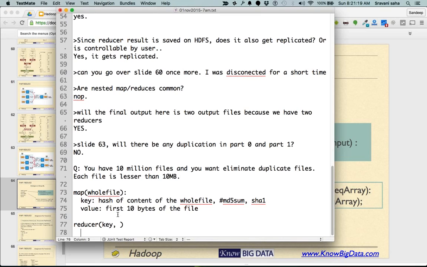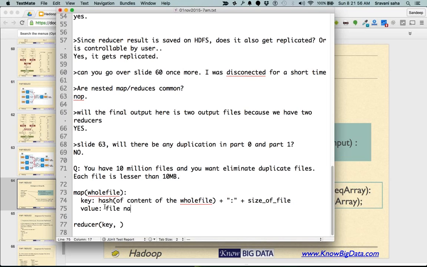Or to make it really good, we can use a composite key: the hash of the file combined with a colon plus the size of the file. If we combine hash and size, the chances of collision become almost zero.